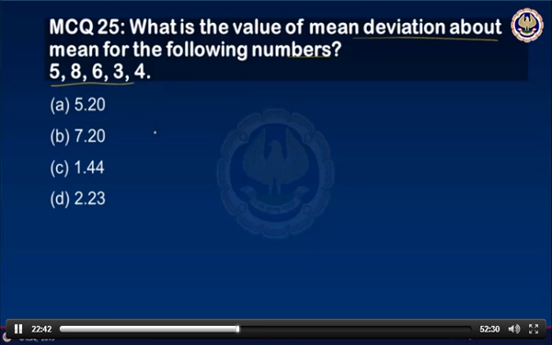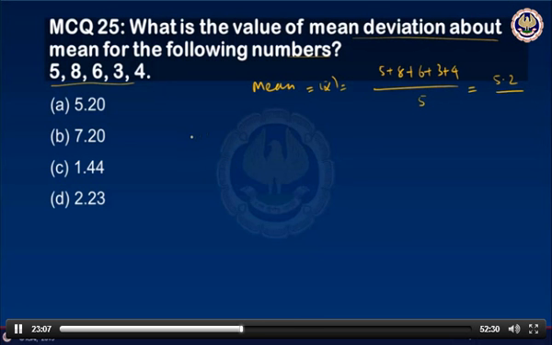Before computing the mean deviation, we should know the value of the mean. This mean equals x bar, which is 5 plus 8 plus 6 plus 3 plus 4. The number of observations is 5, that is 26 by 5, which is 5.2 is the mean.